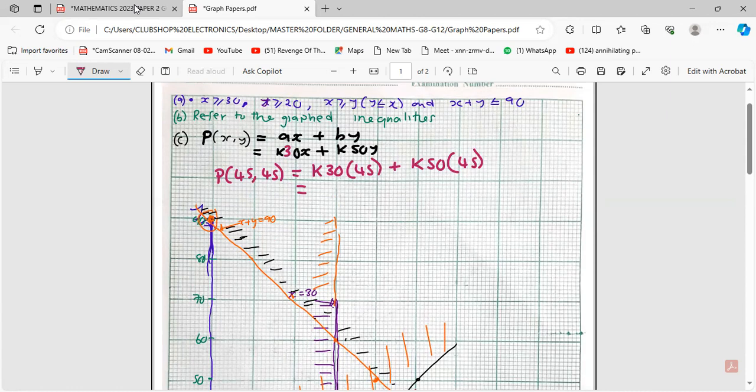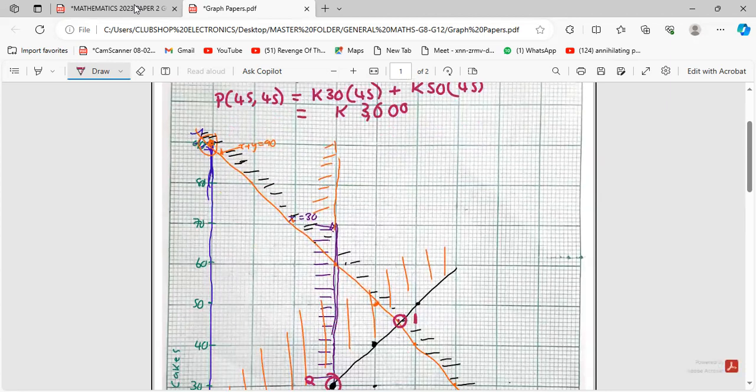So 30 by 45 plus 50 by 45, and we get 3,600. So this is the highest value.